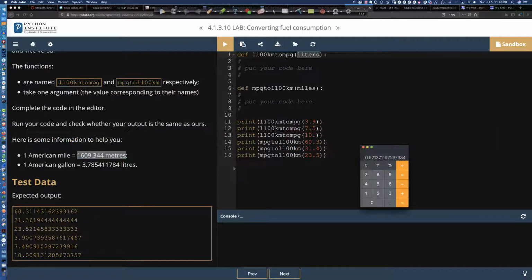So let's pull the calculator up. If I was to say 1609.344 meters, and if I wanted kilometers, if I was to divide that by, and what would it be? 100 kilometers? No, 1,000.